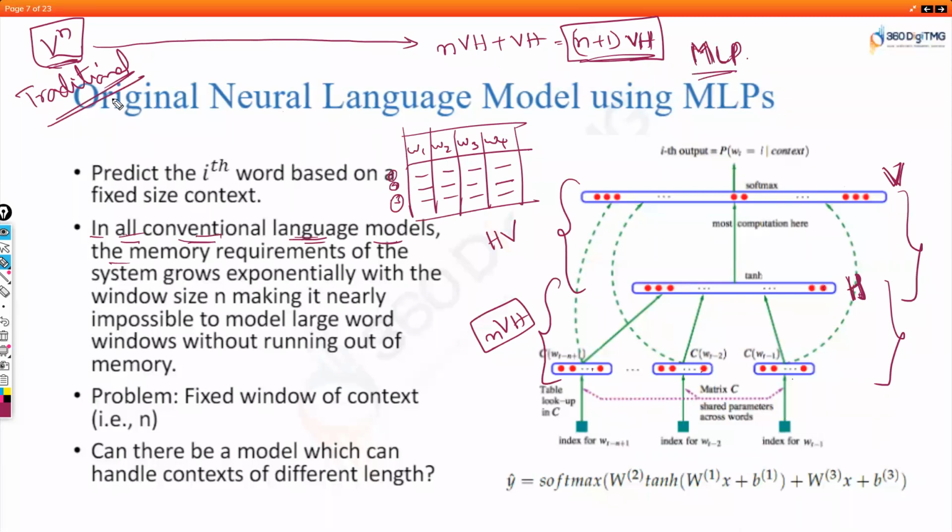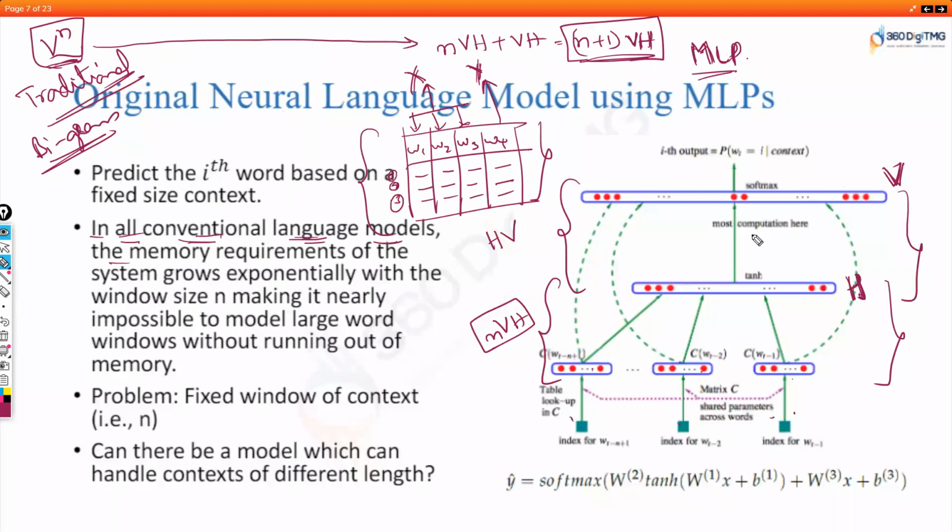And another thing is, if you do a bigram analysis, it works only when you have chunks of 2 words. On similar lines, MLP also works on a fixed window of context. That means if you have built a model wherein you take the first 3 words as inputs and predict the output, then it works only in those contexts wherein you give 3 words as inputs and get the output.